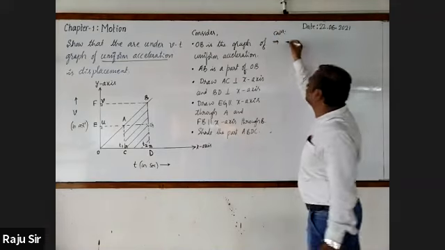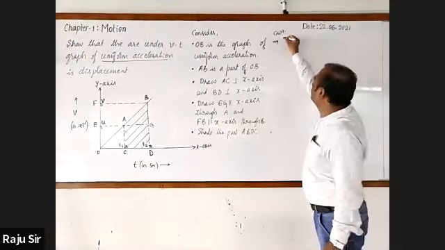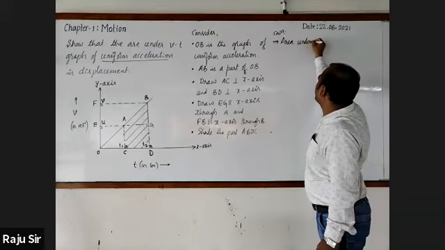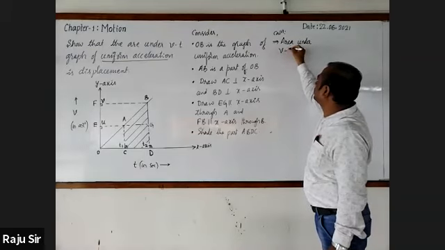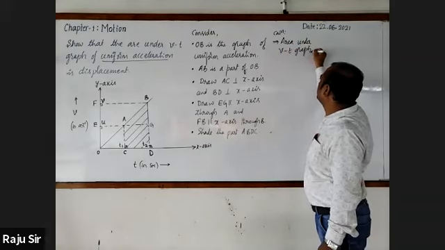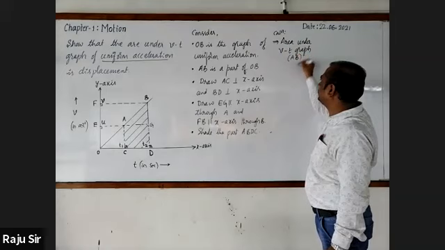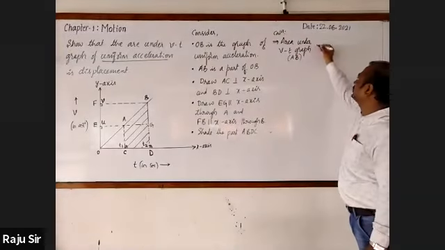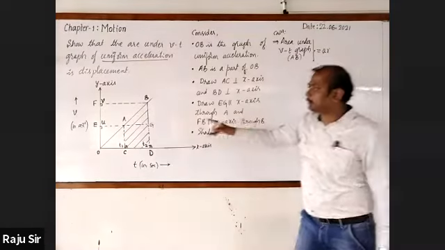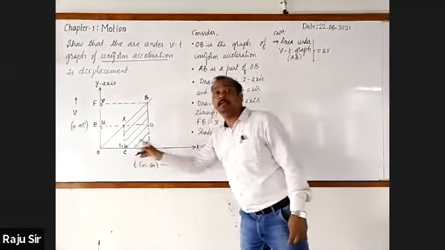Here I write area under VT graph. Here we have taken that part as AB. Area under VT graph is equal to area of trapezium ABDC.